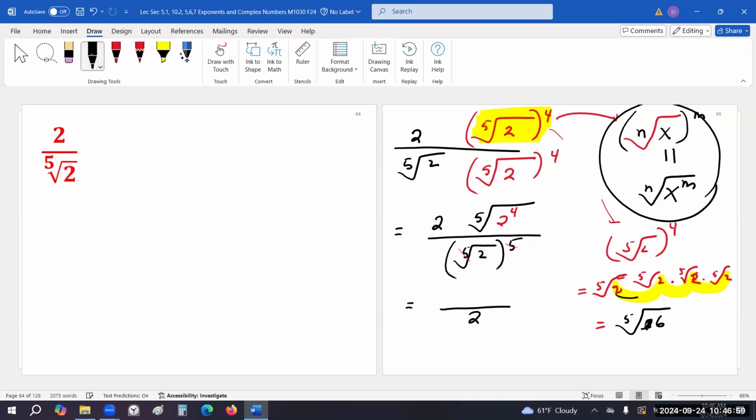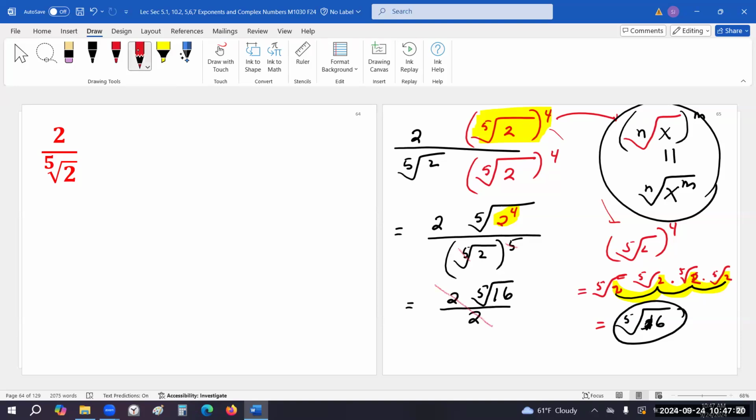So 2 times 2, 4, 4 times 2, 8, 8 times 2, 16. You get 16 inside, which is the same thing here. 2 to the 4 is 16. So 5th root of 16. And just like the previous one, we have 2 on the top, 2 on the bottom.